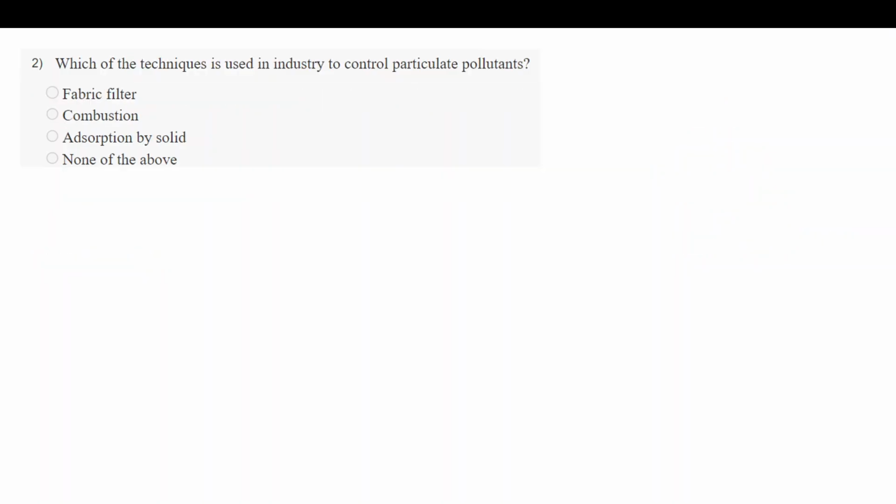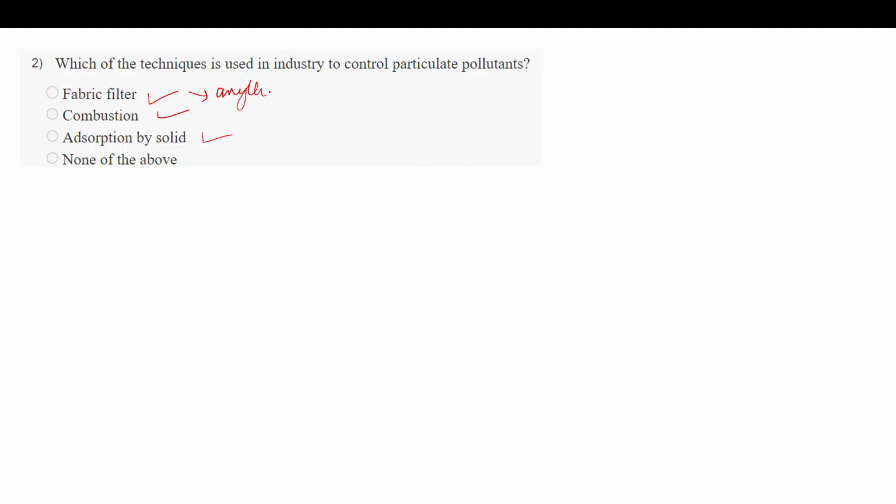Next is which of the techniques is used in industry to control particulate pollutants? So for particulate matter, let's look into the options which we have. So we have fabric filter, combustion, absorption on solid. Okay, so you use fabric filters to separate material based on size.